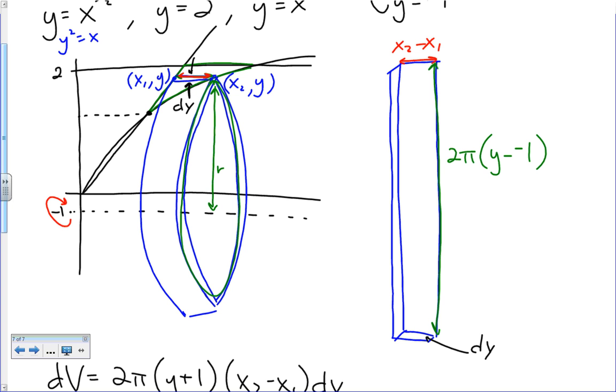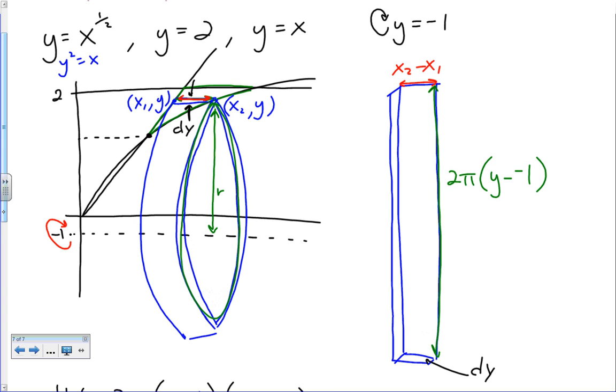That's the intersection of the square root function and y equals x. So I have to find out where those intersect. If I take x to the 1/2 and set... oops, I should use the other equation. I want a y value here. So instead of x to the 1/2, I'll use x equals y squared.